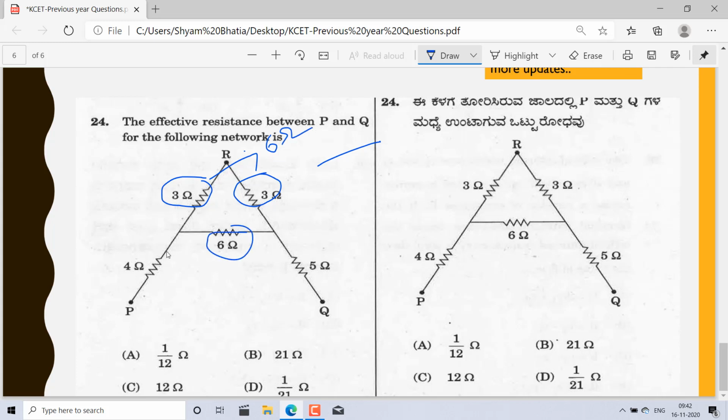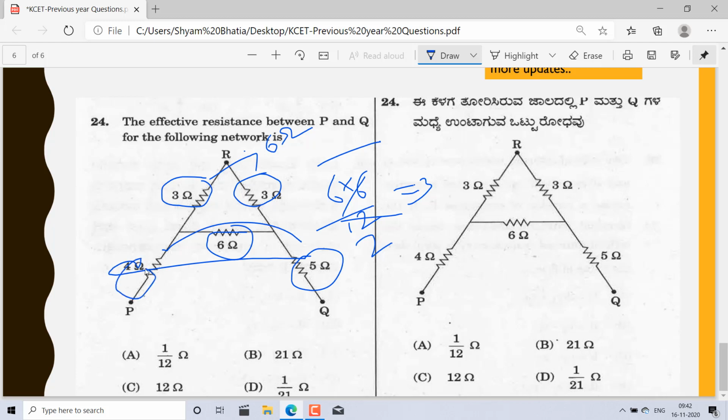So the equivalent of that, how much? 6 into 6 divided by 12, because 6 plus 6 is 12, which gives 3 ohm. Because it is in series with 5 ohm, and it is also in series with 4 ohm, what will I have? 5 plus 4, 9 plus 3 in series. So ultimately the resistance between P and Q is 12 ohm.